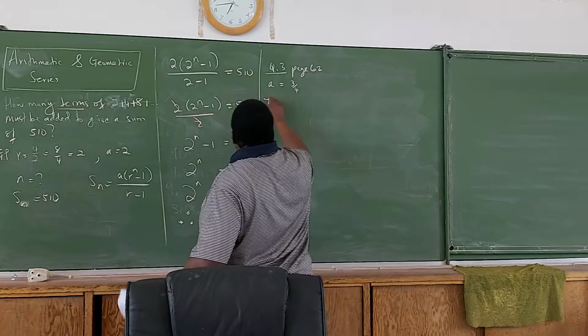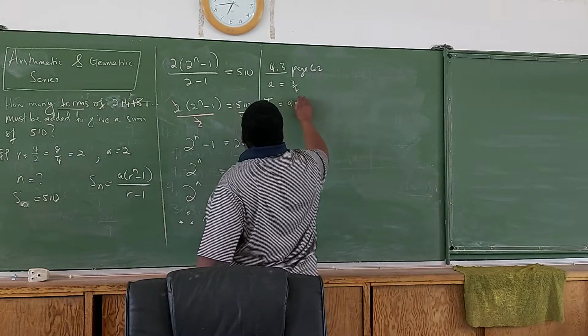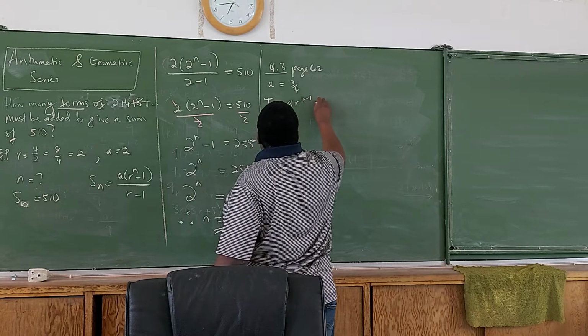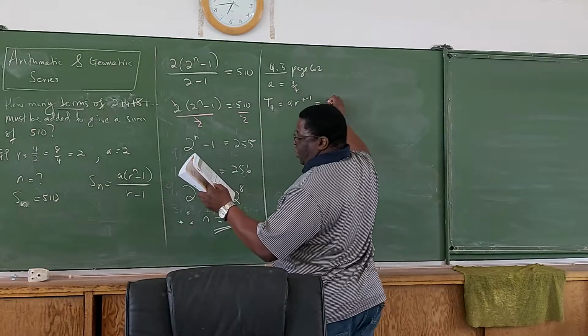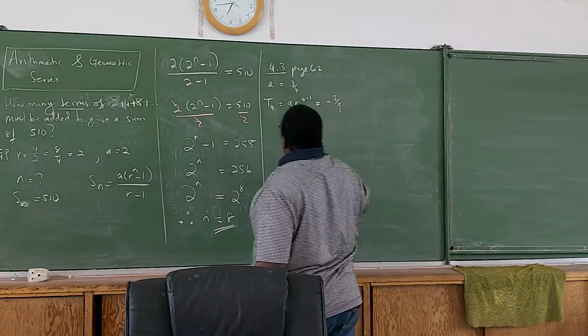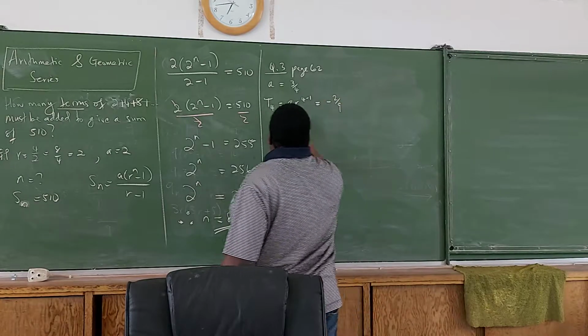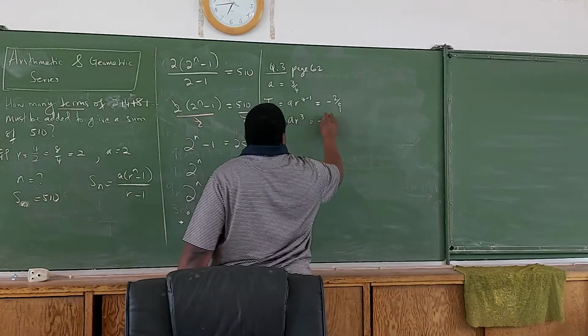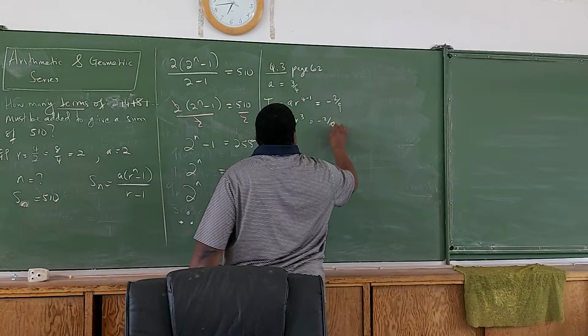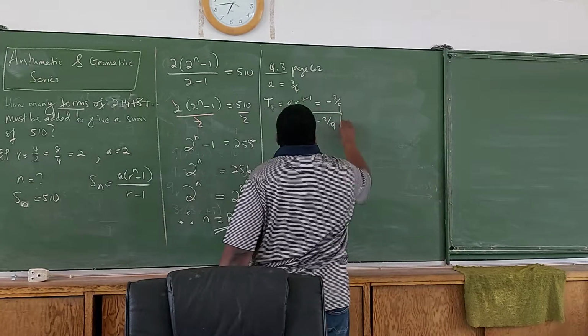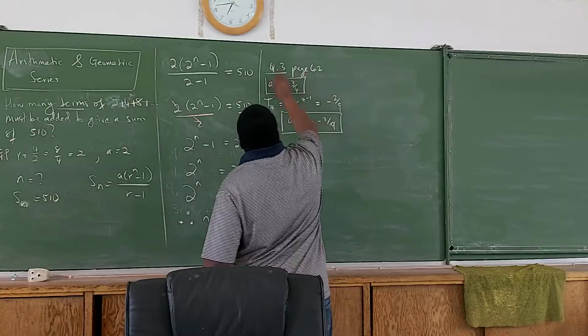Then the fourth term, which is AR raised to the power of 3, is negative 2 over 9. So, let me just clean this up. This is AR cubed equals negative 2 over 9.